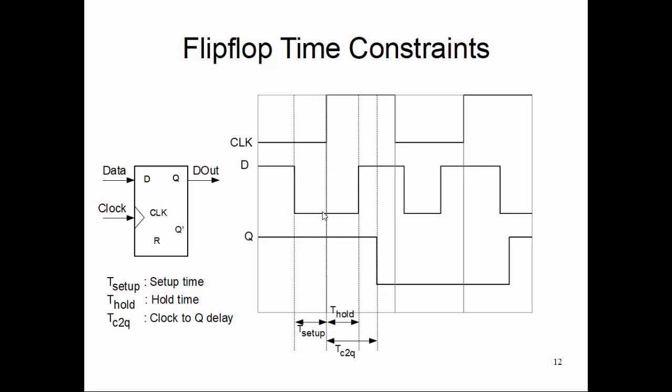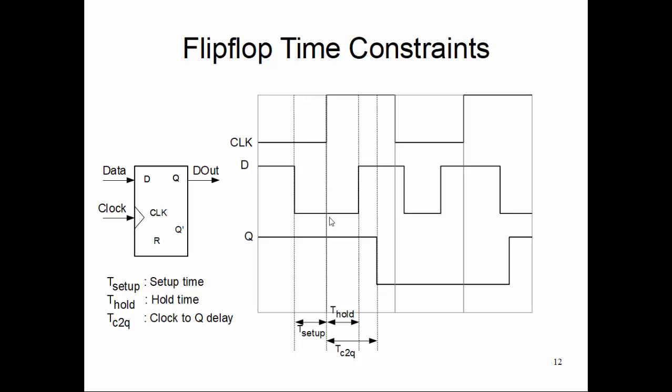I cannot change the data after this time point, in order for the flop to successfully latch this data and put it on the Q. And there is a hold time: I cannot change it at an arbitrary time as soon as the clock goes high and think, okay, this is latched, I can change it. I cannot. There is a minimum time value with respect to the clock rising edge.